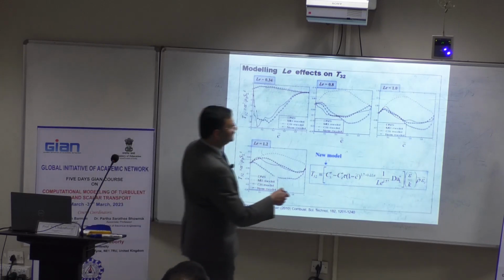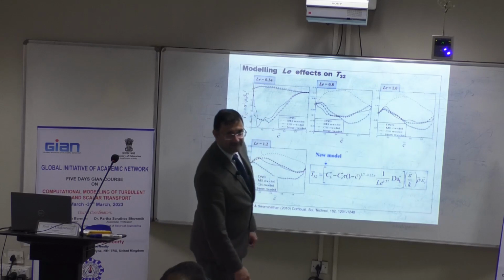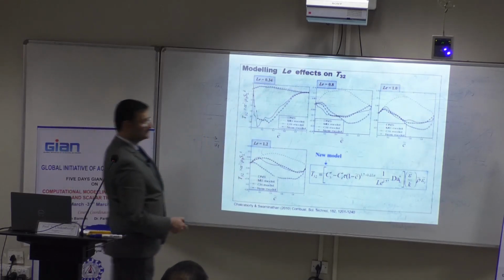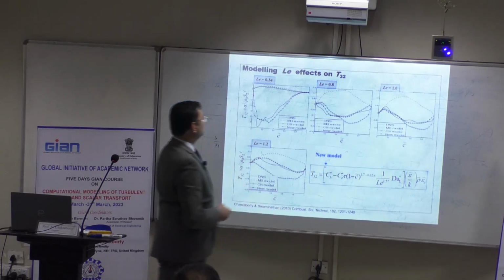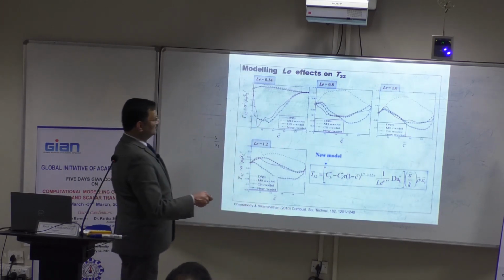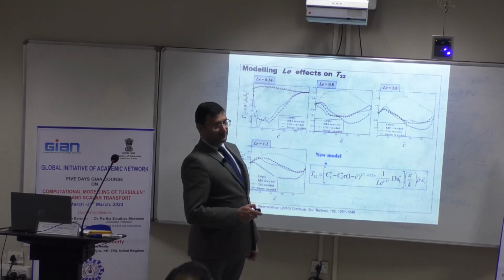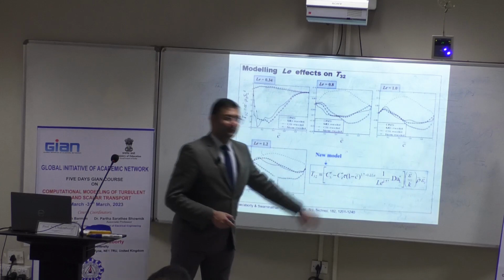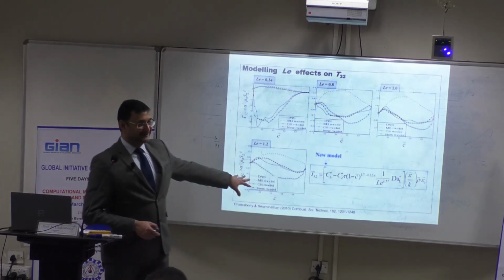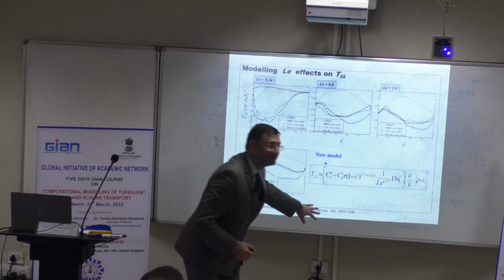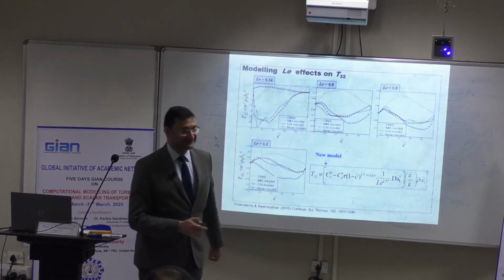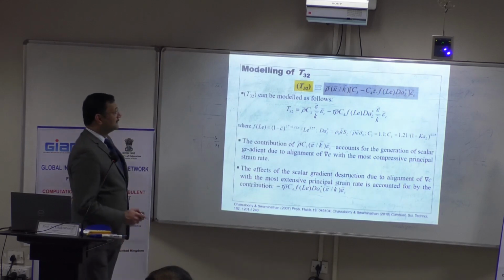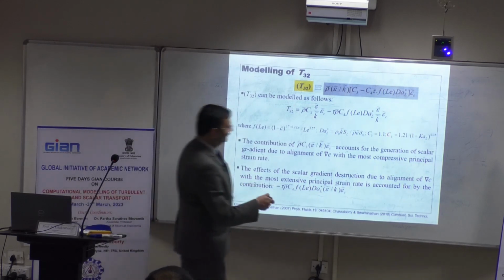Does a relatively good job in the context of unity Lewis number, but when you go for Lewis number 0.34, it doesn't work, and that's why it needed some modification. And that basically does a reasonably good job. I'm telling it's quite an old thing, which was done in 2009, so it's no longer that new a model. People are already using it in the literature. Effectively, the model looks like this.